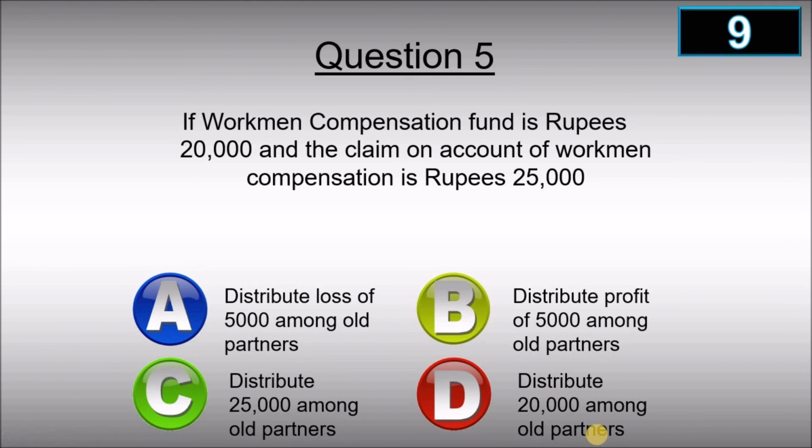So your time starts now. Your fund is 20,000 whereas claim is 25,000. So claim is more. So please remember, when claim is more, it is a type of loss which partners have to bear. So the correct answer is A.